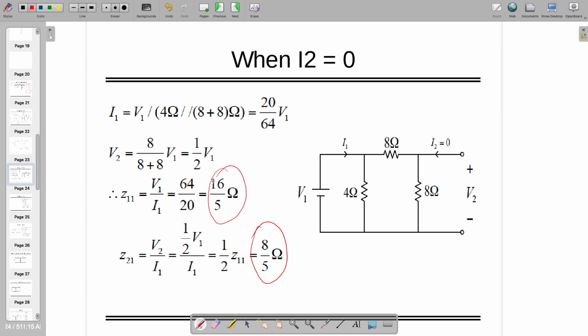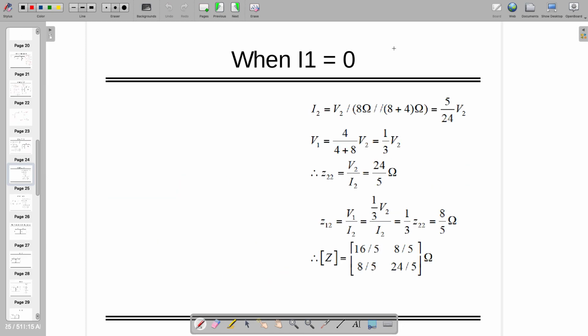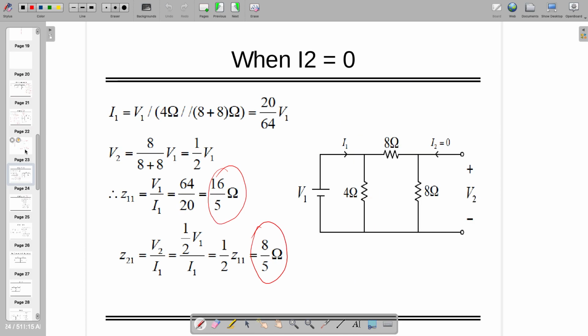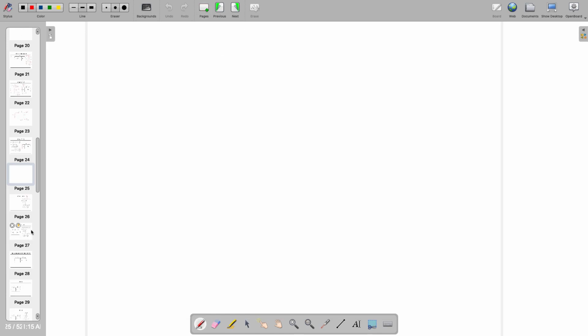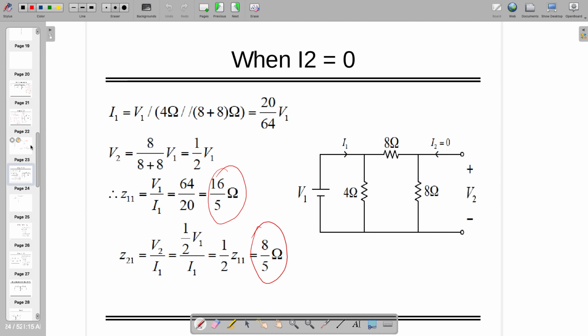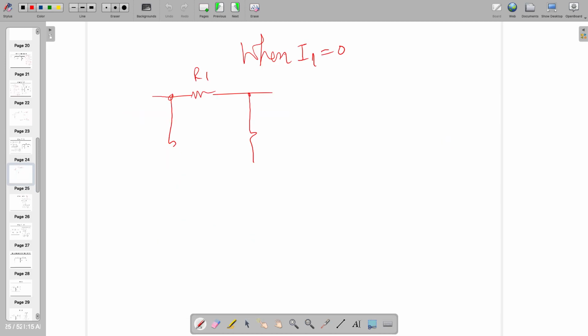So now the next question is, I am interested in finding out Z12 and Z21. I'm interested when I made a reverse thing, when I1 equal to 0, and if there is a circuit which has the following things: R1, 8, 4, 8.